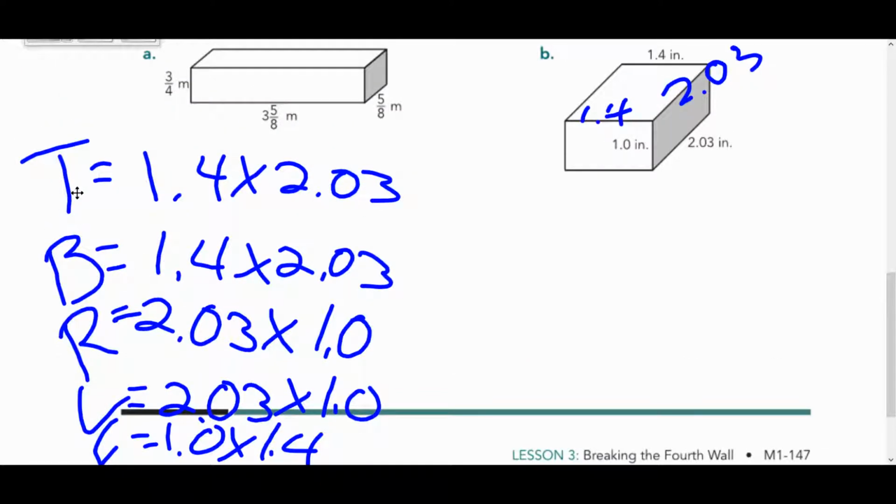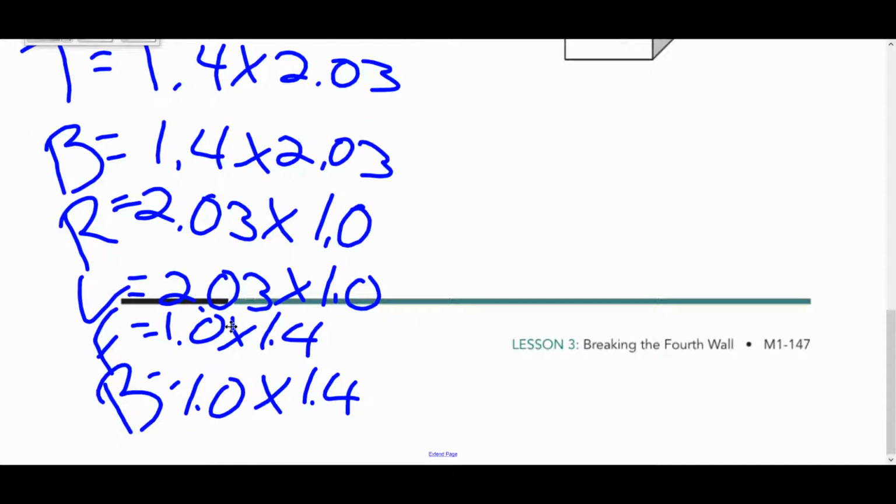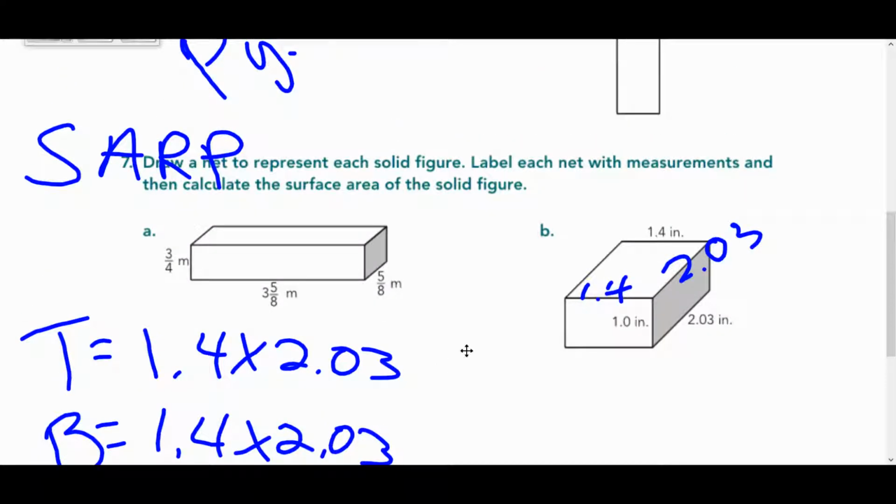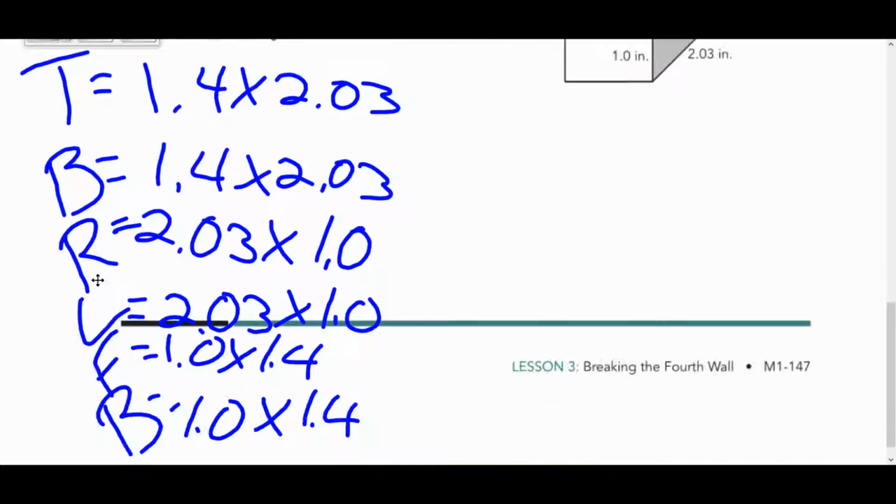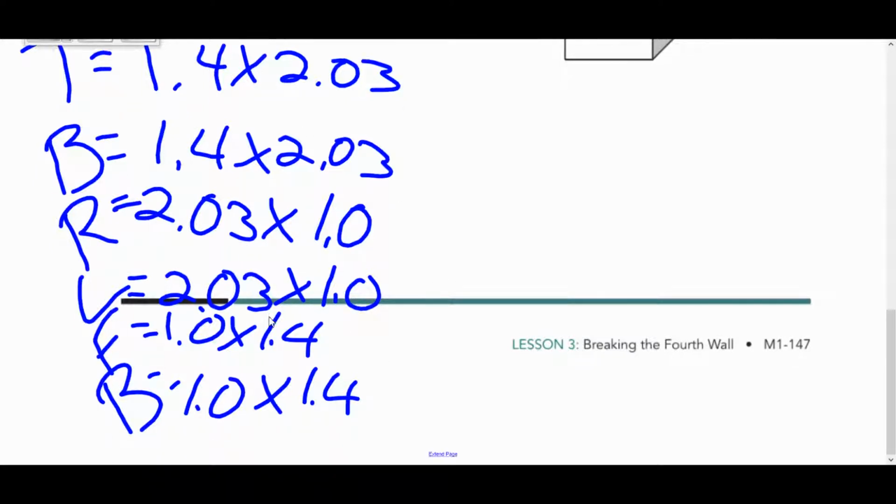So if you can find the top, the right, and the front, you just kind of cut and paste and double them and then add them all together. And then you got your surface area. This checklist kind of helps you to remember, do I have all of the sides, all the faces represented so that I get the right answer?